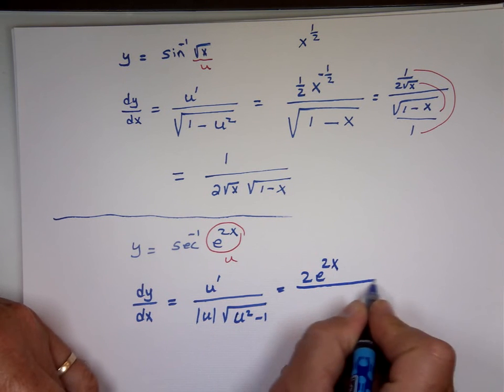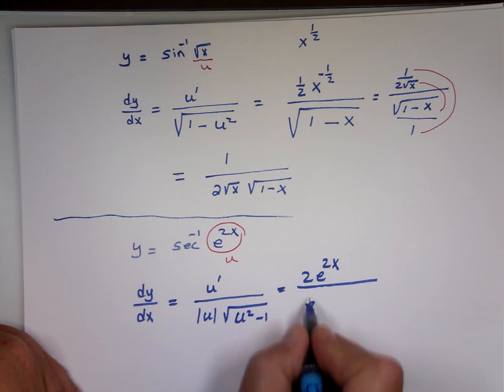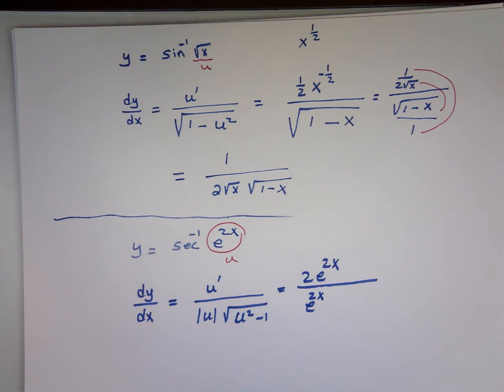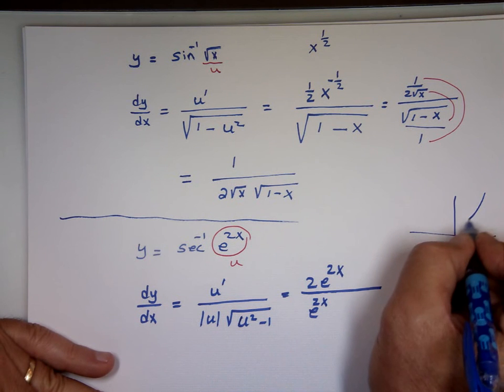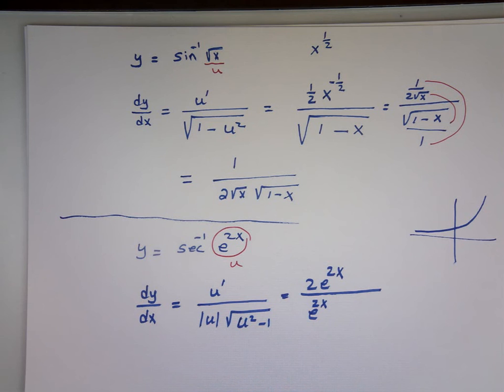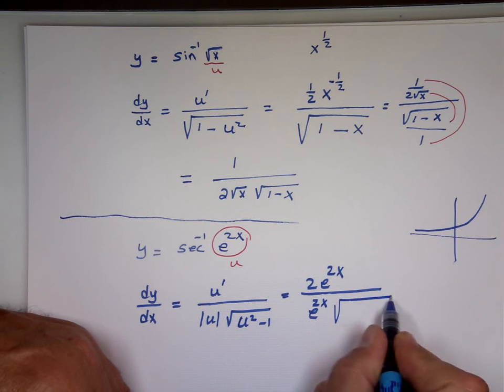Over. Again, you don't need the absolute value because e to the 2x is always positive, even if x is a negative number. That's an exponential function. Exponential function looks like this. It never goes below the x-axis, so it'll never be negative. There's no need to put the absolute value. Square that one. When you square it, you multiply it by itself.